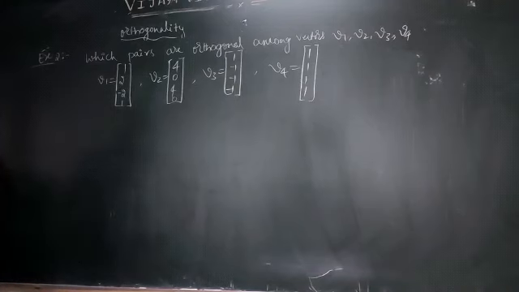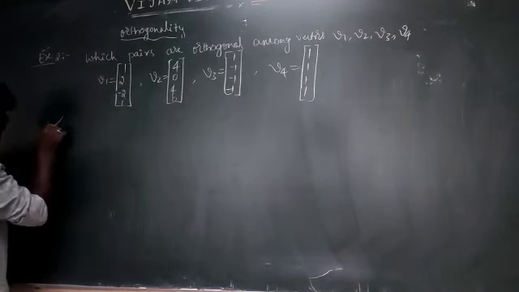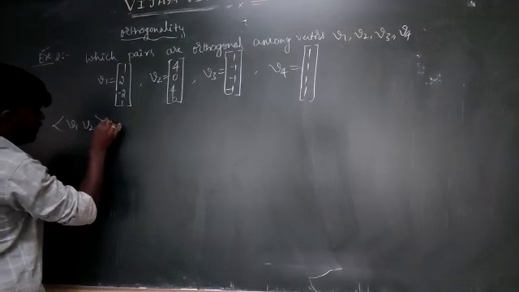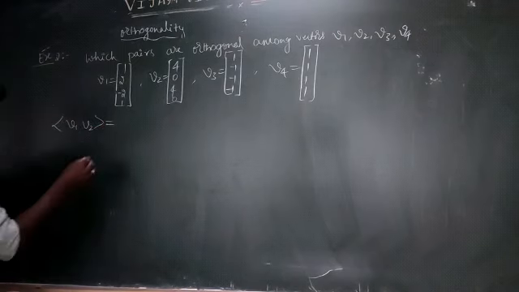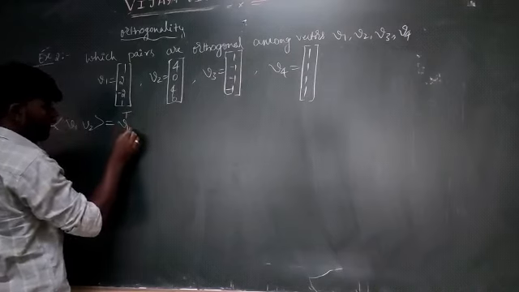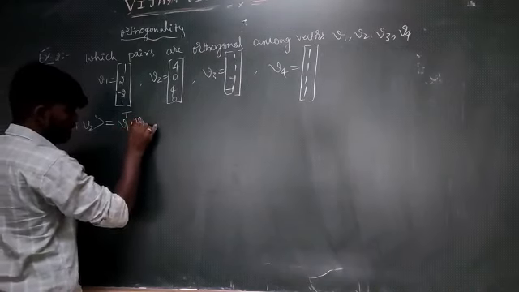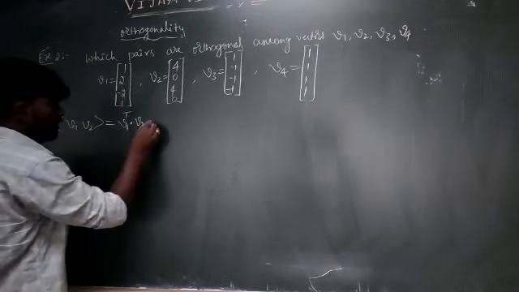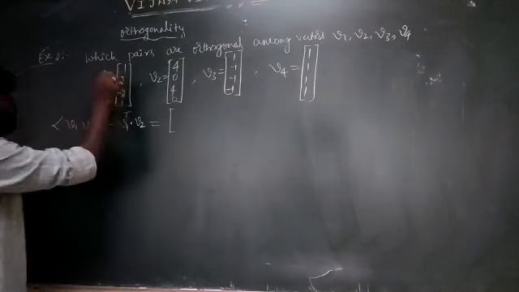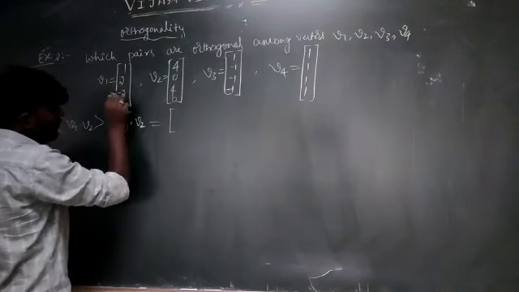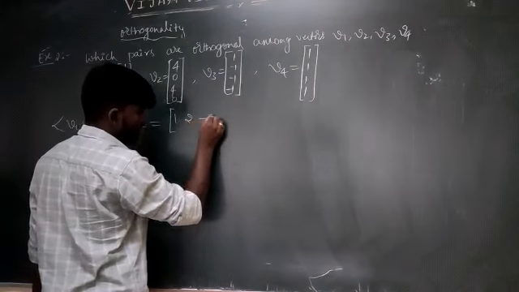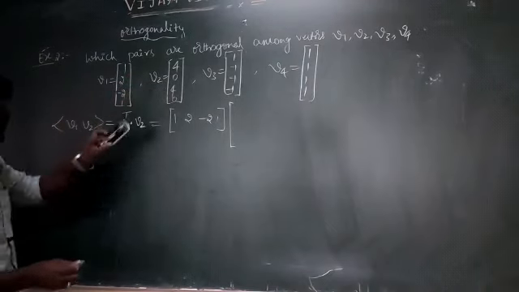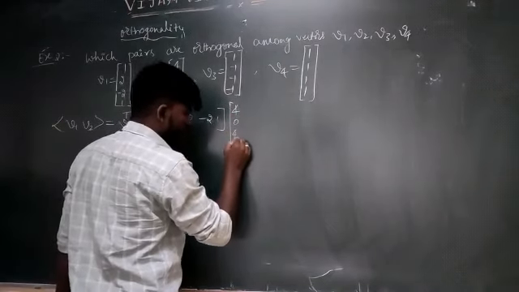Orthogonal means we have to find their inner product, which is denoted by the bracket (v1, v2). The inner product is nothing but the transpose of v1 dot product with v2. v1 transpose v2 gives the inner product. v1 transpose is (1, 2, -2, 1) and v2 is (4, 0, 4, 0).